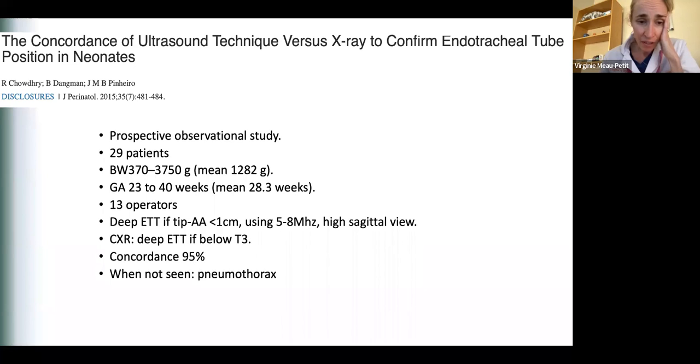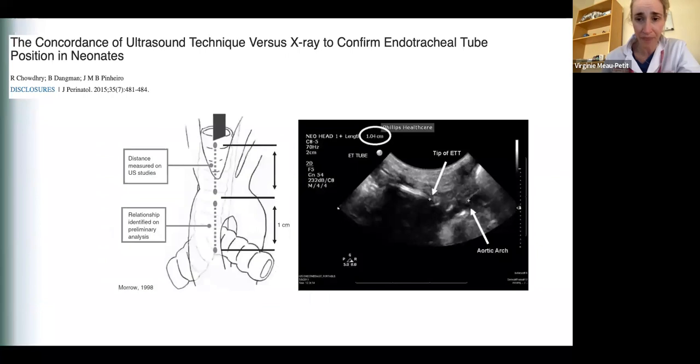On the chest X-ray, it was defined as deep if it was below T3, and they found a concordance between the lung ultrasound and the chest X-ray of 95%. When they could not see it, the patient actually had a pneumothorax.